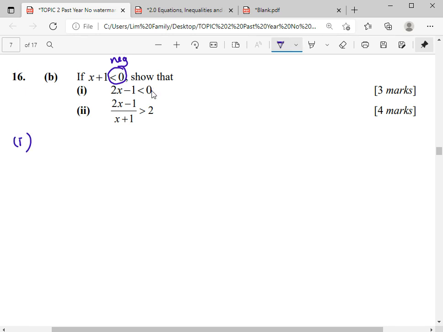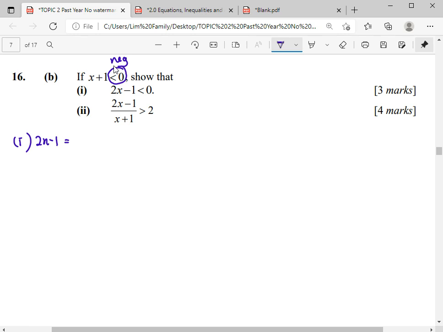So for the first one, for 2x minus 1, what's the relationship between 2x minus 1 and x plus 1? We have to link it. So we need to use some thinking here: how do we get to 2x minus 1 by using x plus 1?